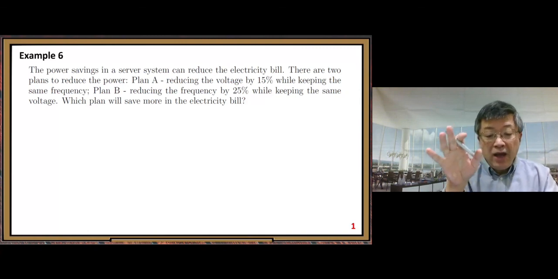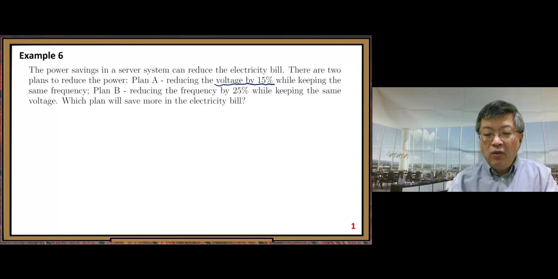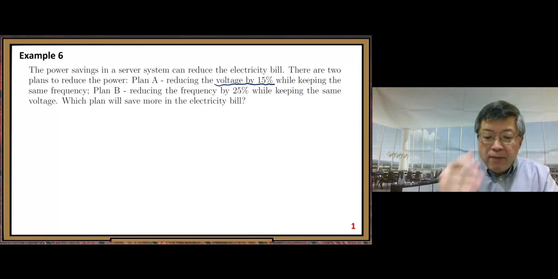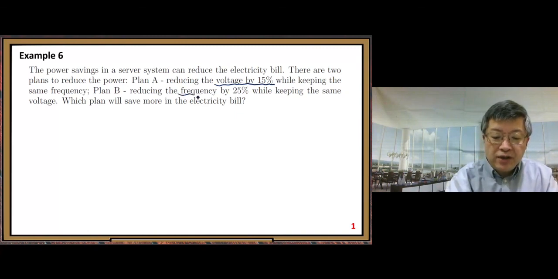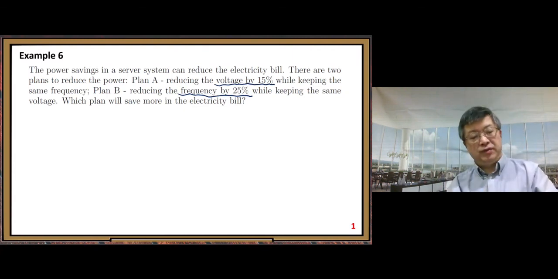Plan A, reducing the voltage by 15%, while keeping the same frequency. Plan B, reducing the frequency by 25%, while keeping the same voltage.